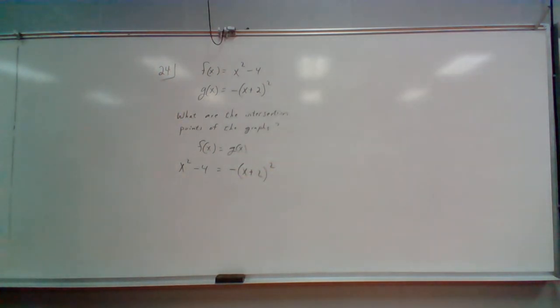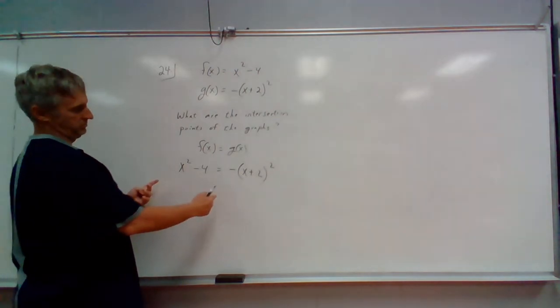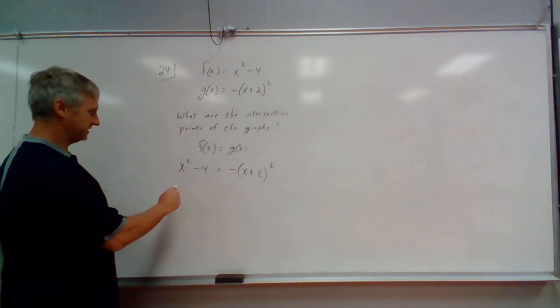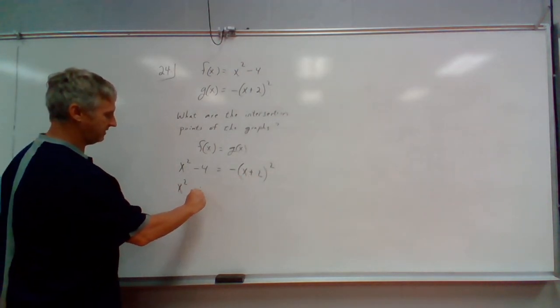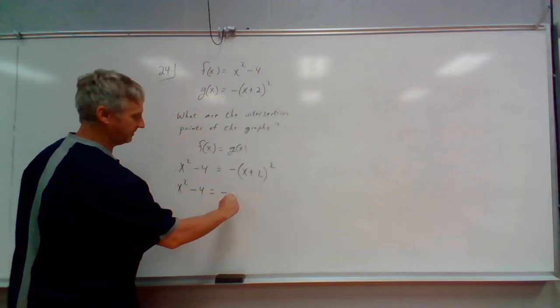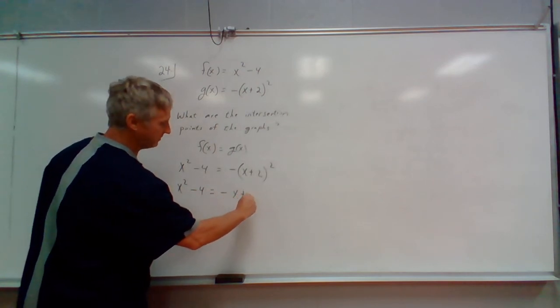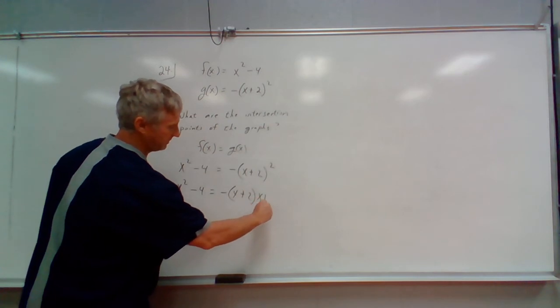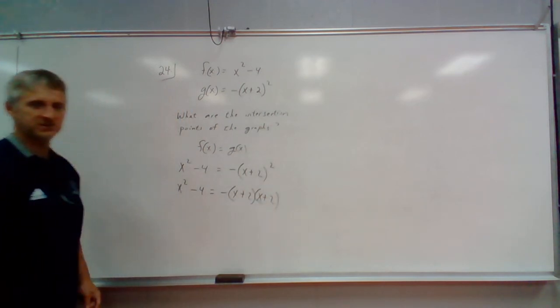All right, how to solve that? So let's multiply out the x plus 2. If I square something, it means to multiply it by itself. So I need to multiply x plus 2 times x plus 2.